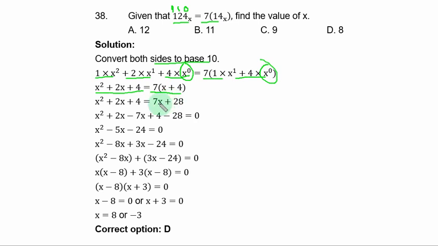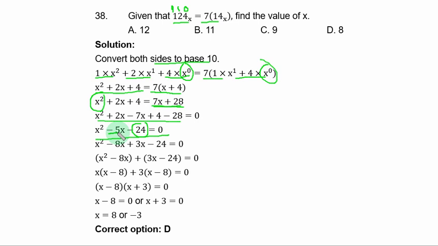If you open the bracket in the right hand side, you have this result. We already have a quadratic equation. If you transfer all these terms to the other side, you have this result. If you add like terms, you have this. Next thing is to factorize. Look for two factors of 24 whose sum is minus 5 and the product is minus 24.